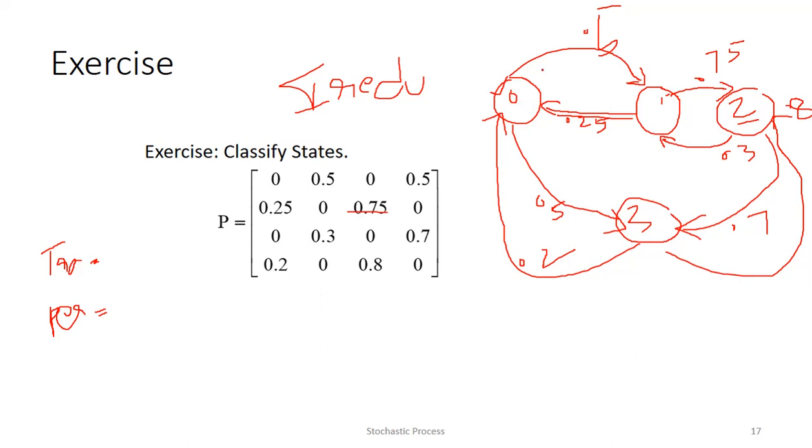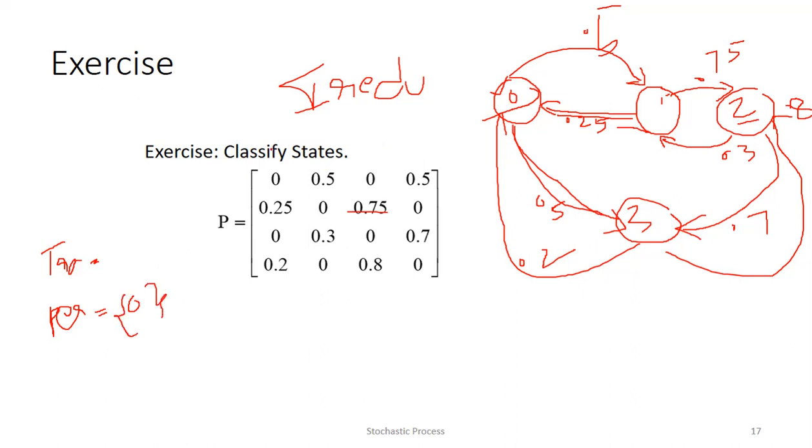From 0 to 1 is going, and 1 to 2, 2 to 3, and 3 back to 0 also communicates. So 0 to 3 and 3 to 0 communication is there, so the 0 class is persistent.